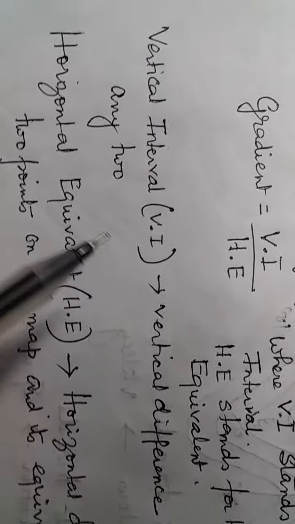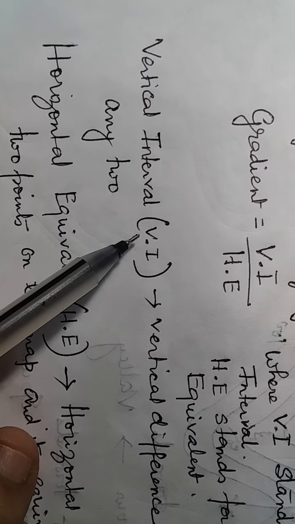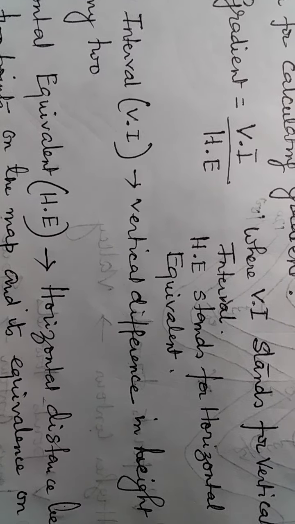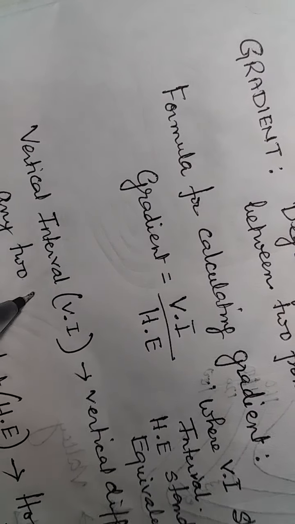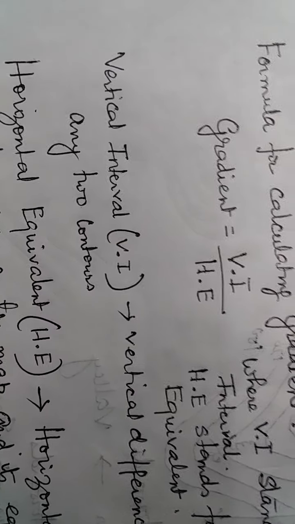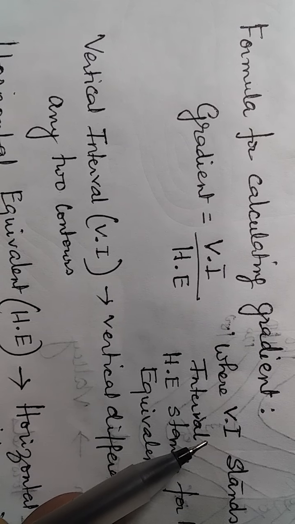Let us take the definition of vertical interval. In short, we may write it as VI. It is the vertical difference in height between any two contours. It is different from CI.